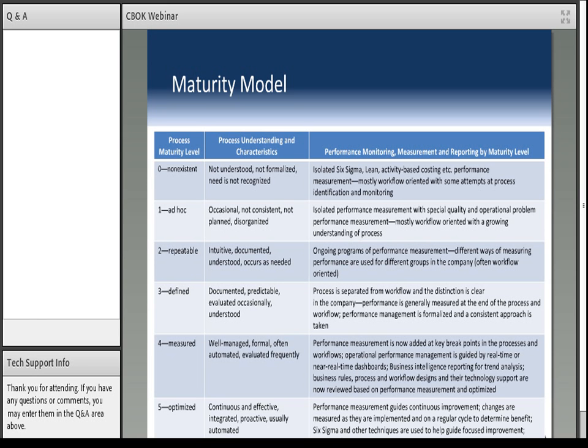As I mentioned earlier, having a maturity model is extremely important, not only for people like myself who are consultants helping clients move to the next level of maturity or capability around BPM or other capabilities, but even for organizations themselves to understand where they stand when it comes to their level of maturity, so that they can then assess what's next.